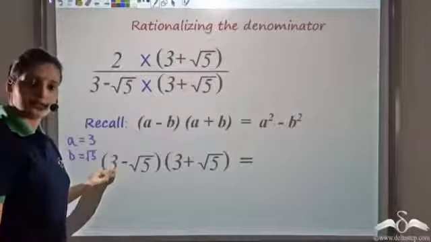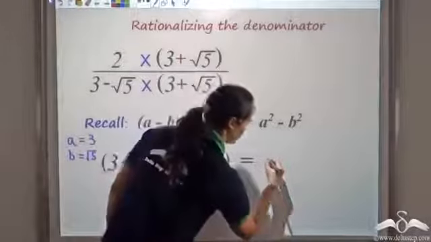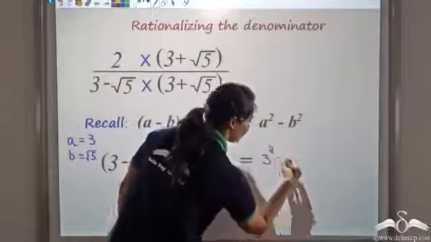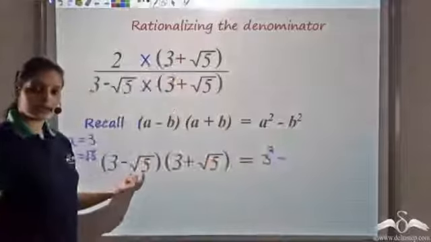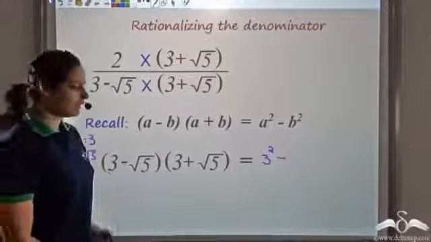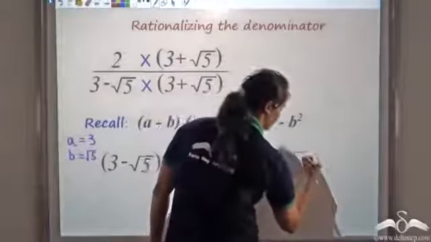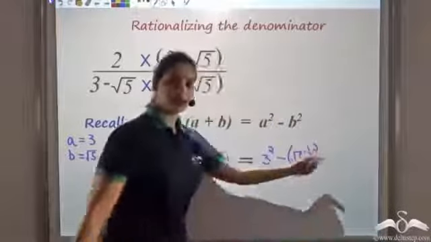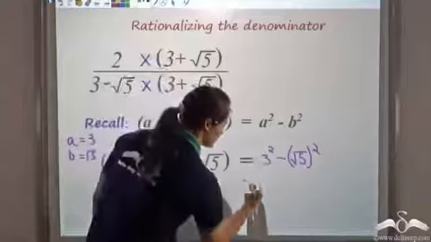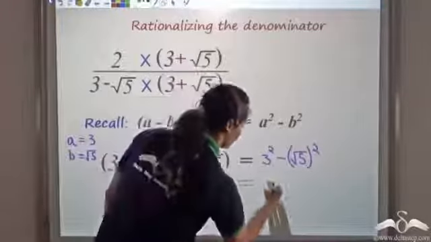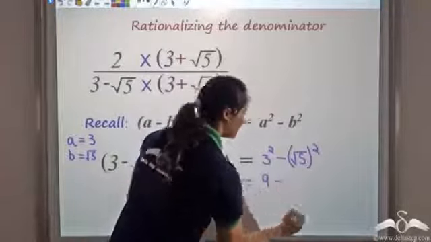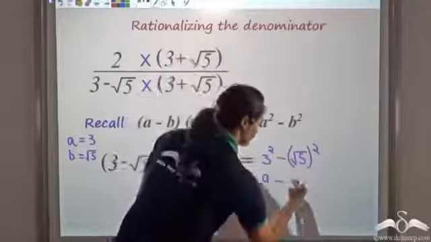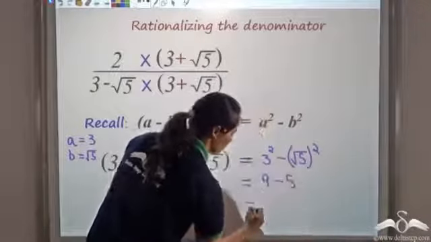A is 3, so that is 3 square minus b square, and b is under root 5, so under root 5 square. Simplifying this, 3 square is 9 minus under root 5 square, which is 5. So this gives me 4.